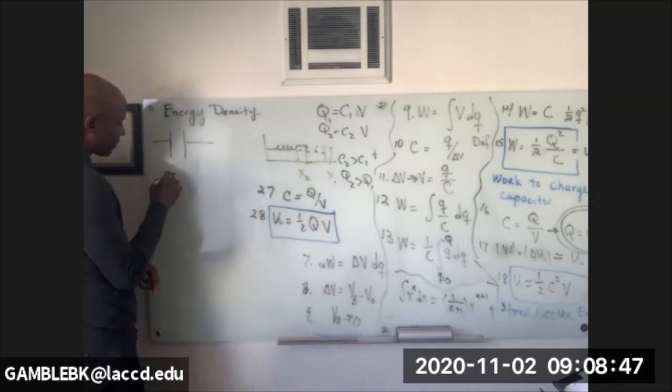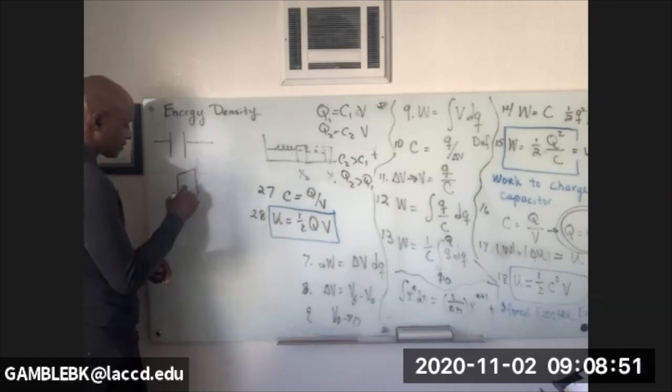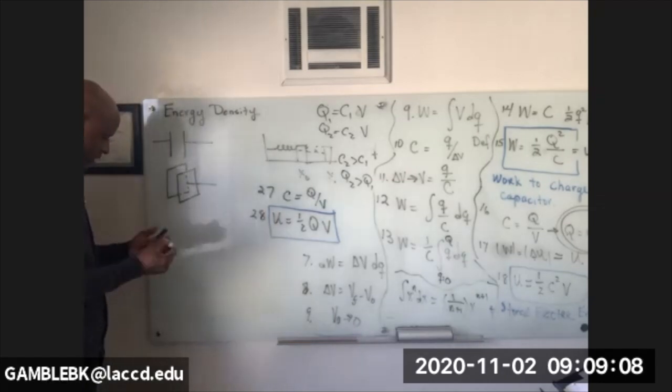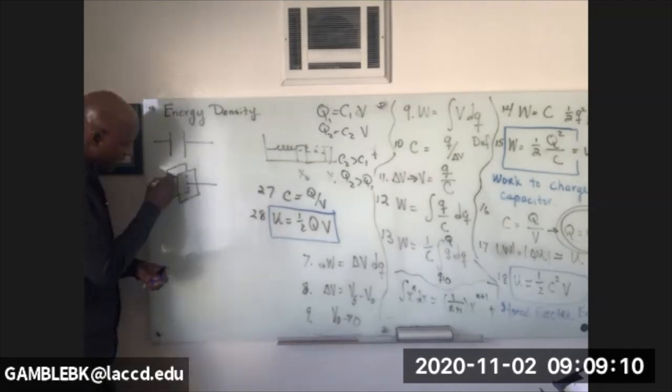A three-dimensional view would be something like this. There's one plate, and then there's the other plate. And the electric field is inside that volume, right?